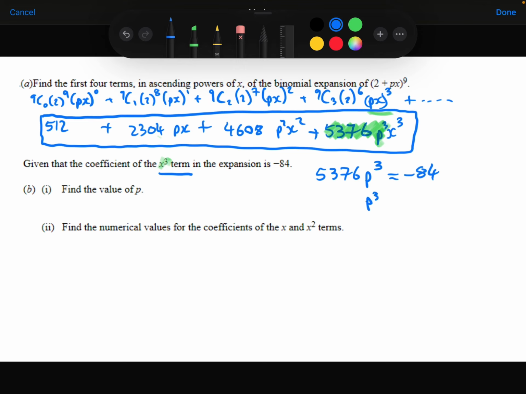I can divide both sides by the 5,376, which gives me minus 1 over 64. And if I cube root both sides, I get minus 1/4. So that's the value of p.